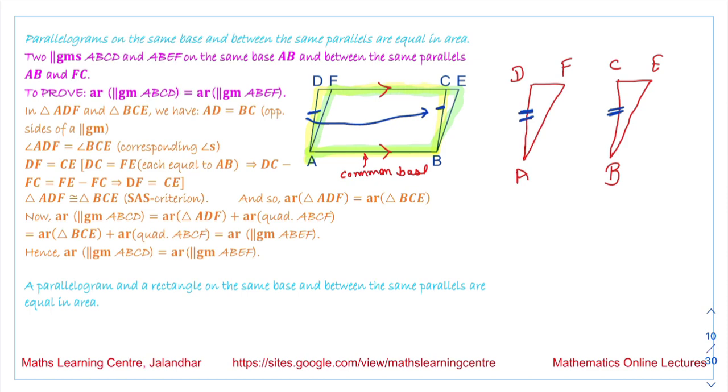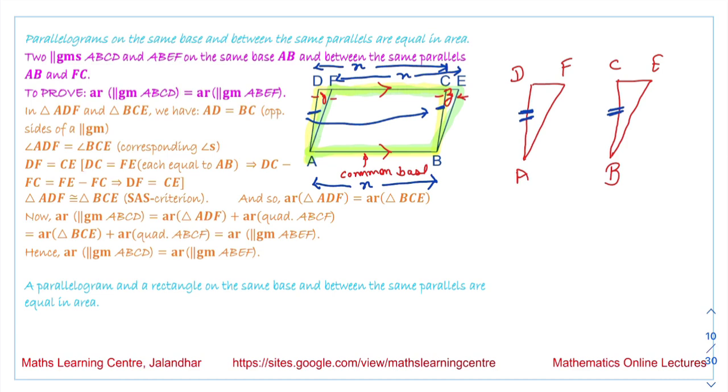Suppose the length of this AB is X, the length of this DC is X, and the length of this FE is X. Suppose this length Y over here, DF and CE, both these lengths, suppose we are saying this is Y and this length is Z over here. So we are talking about a line.